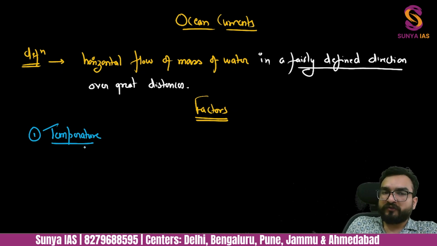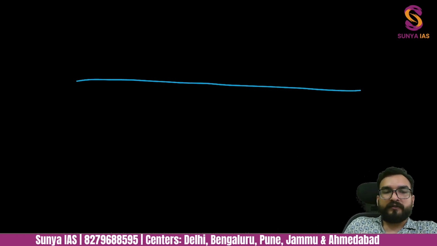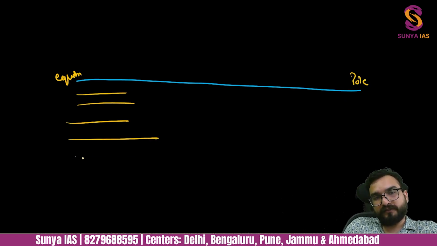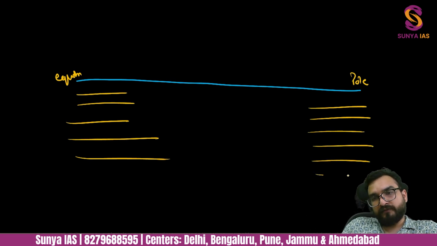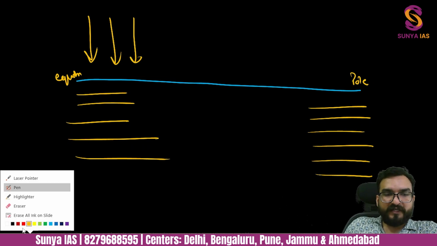So what happens because of temperature? Suppose this is a body of water. Just wait, guys. Suppose over here this is your equator and this is your pole. Over here water is present. What is happening over here? That means temperature is high over here. Because of that, what will happen?